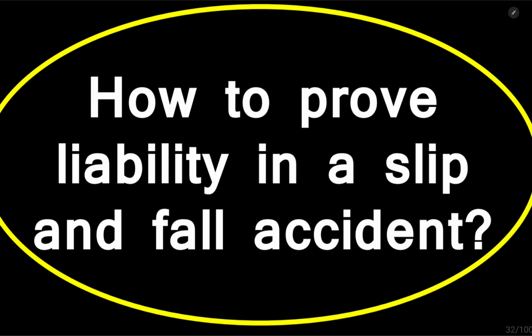Now, point number one is establish the property owner's duty of care. The first step in proving liability is showing that the property owner or occupier had a legal duty of care to keep their property safe for visitors. Explain that this duty is different depending on the type of visitor, like invitee, licensee, or trespasser.